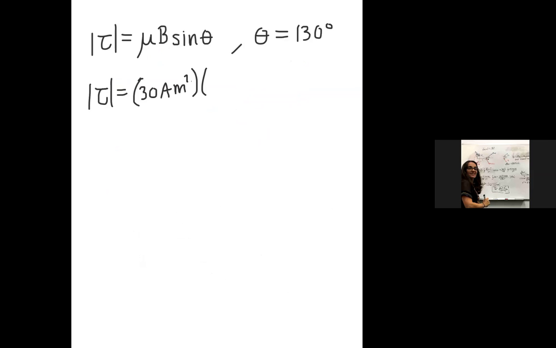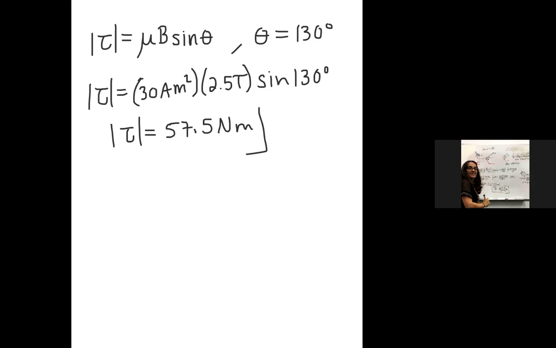The B field is given as 2.5 Teslas, and sine of 130 degrees. And this gives a magnitude of the torque of 57.5 Newton meters. Okay.